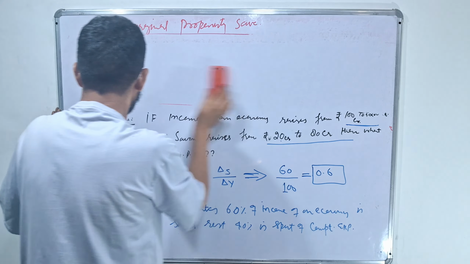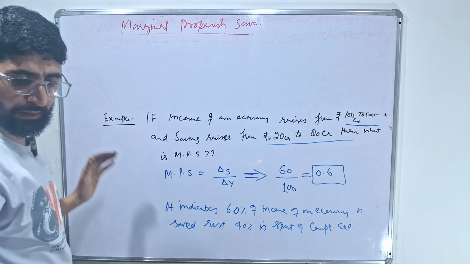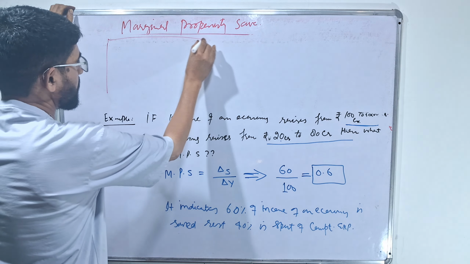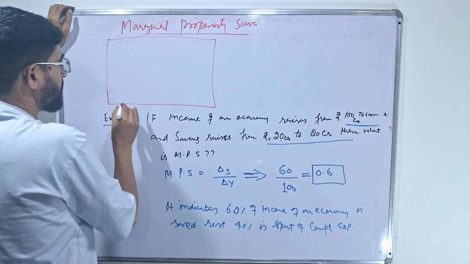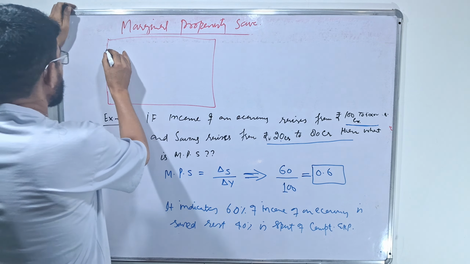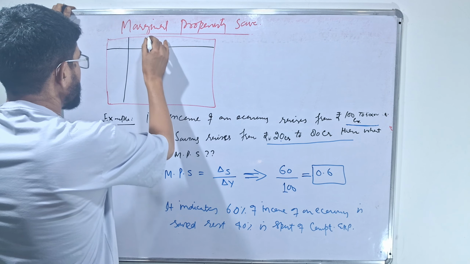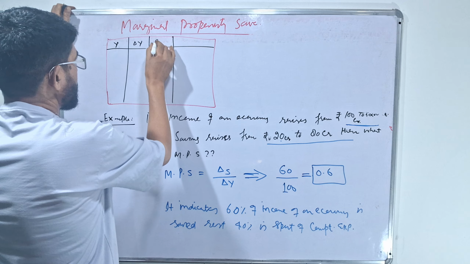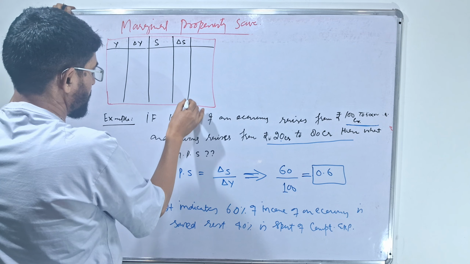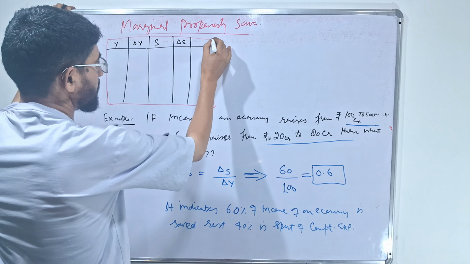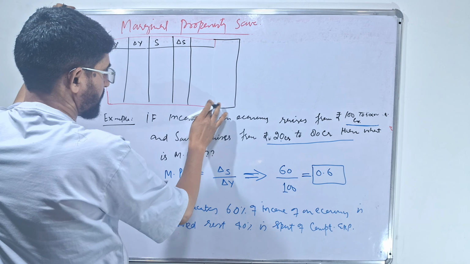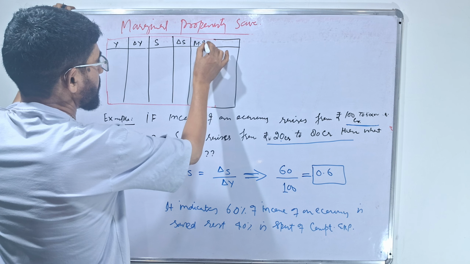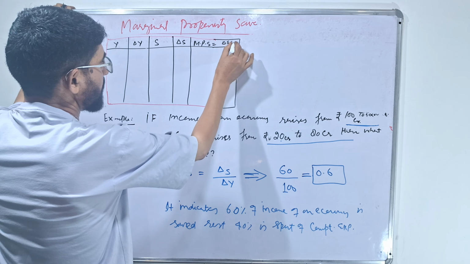Now I will show it with the help of a schedule and diagram. The schedule will be: here I will write income, here change in income, saving, change in saving, and here marginal propensity to save, which is equal to change in saving divided by change in income.